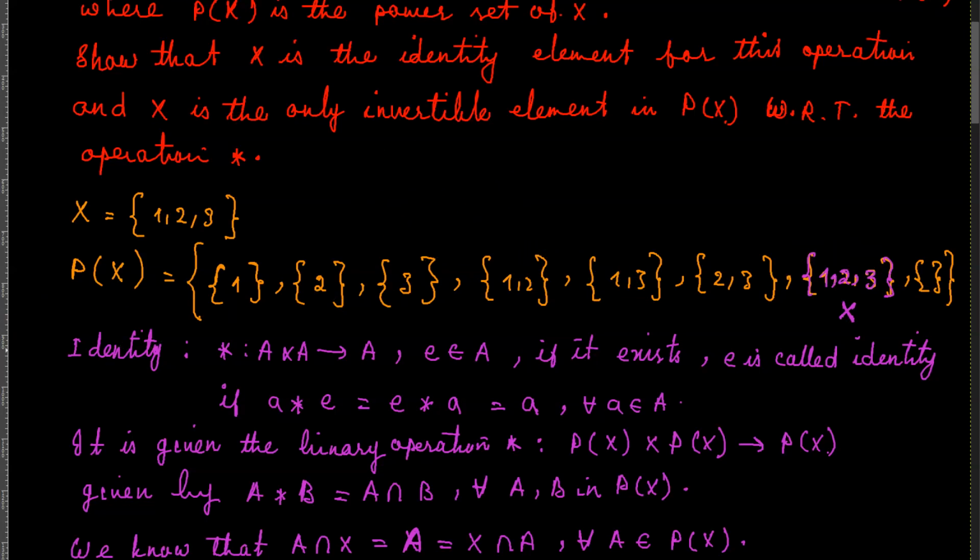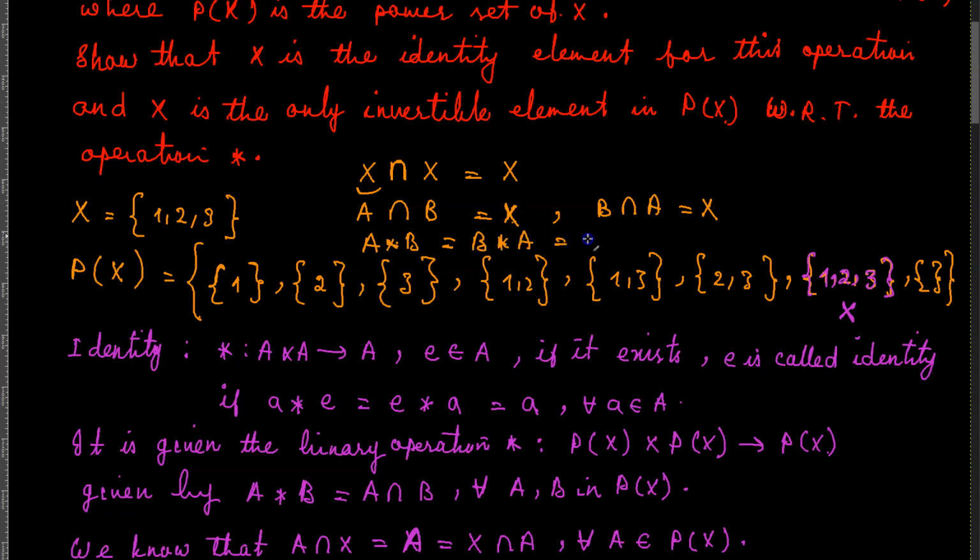the set X itself, which is basically {1, 2, 3}, and take the intersection of X with X, and that gives me X, which I can take basically this as a and this as b, for example, take the intersection of a and b, and that gives me X. And I can of course write it as b intersection a is also going to be equal to X. And then I can write this situation as a star b is equal to b star a is equal to X, right?